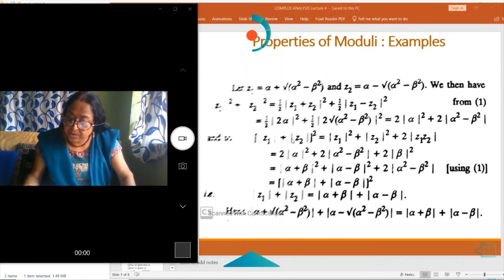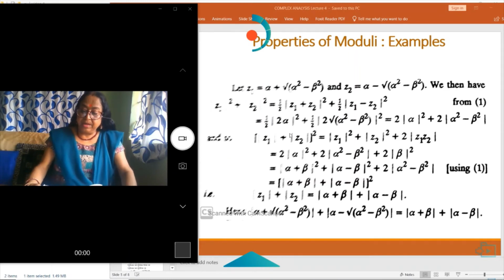Then using the formula mod of Z1 square plus mod of Z2 square is equal to half times Z1 plus Z2 mod the square plus half times Z1 minus Z2 mod the square, we get ultimately whatever was asked in your question.